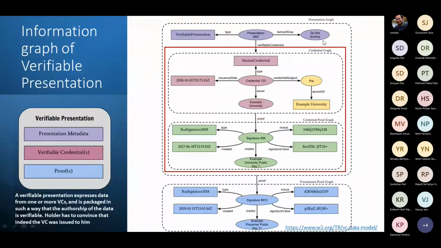And then we have this additional information, which shows how to ensure, at the time of presentation, what extra information PAT is providing. So PAT is saying that it is a verifiable presentation, a presentation, say ABC, which refers to this particular credential graph, and then there could be terms of use: I am presenting it, but now you cannot archive it, and you have to discard it.